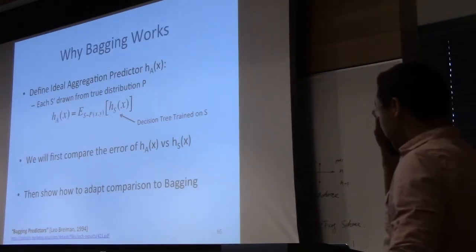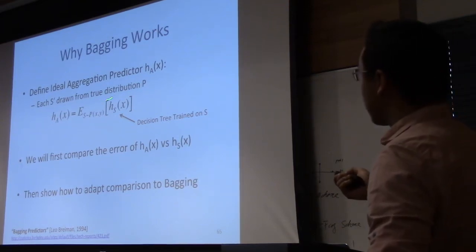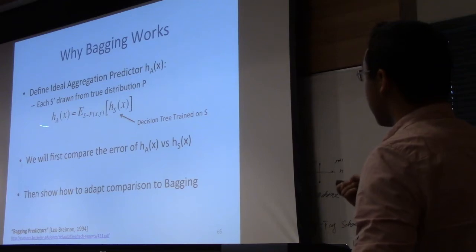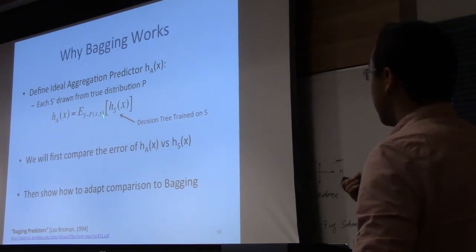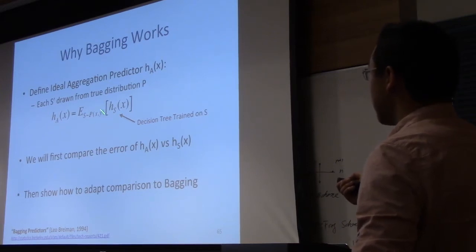So why does bagging work? One way you can think about why bagging works is you can define an ideal aggregation predictor, which basically says, suppose I were given an infinite number of training sets sampled from the test distribution over a certain size, and I compute the prediction that's the average of all the models trained on these training sets.